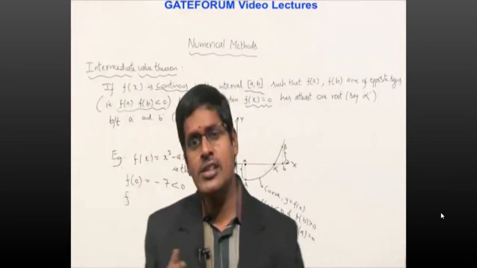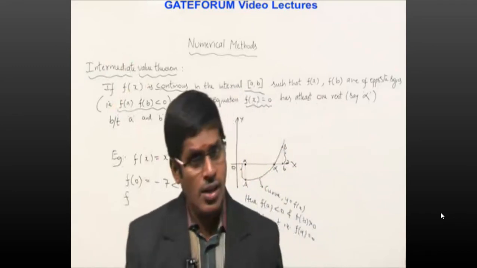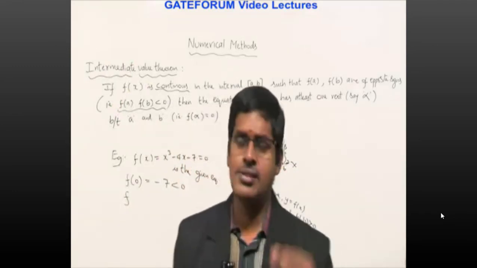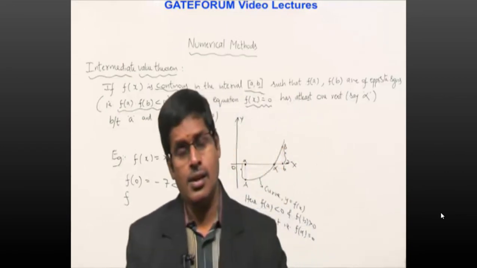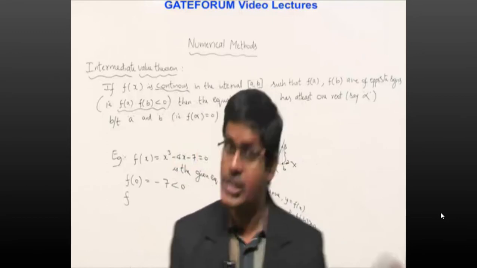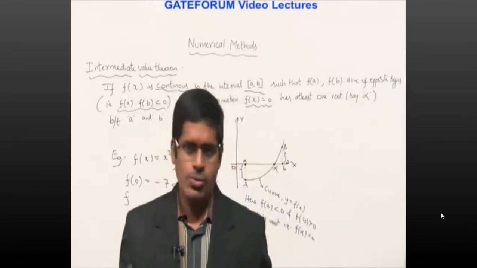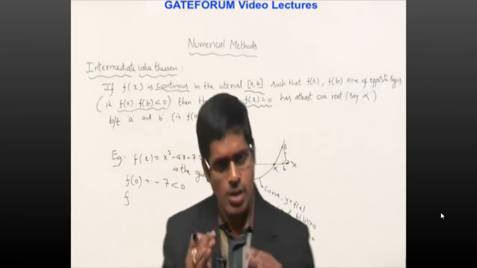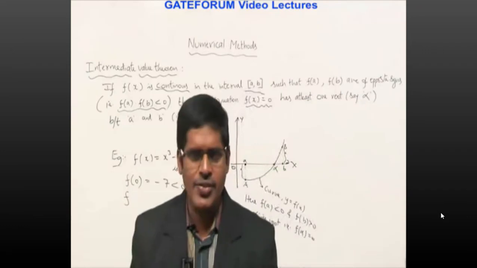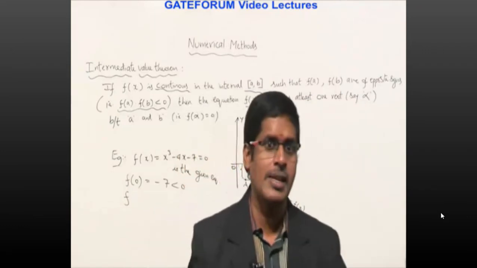If you give 0, 1, 2, 3, etc., and nowhere do you get two function values of opposite signs, then stop there. Then you backtrack, that is, go in the reverse way, the negative way: minus 1, minus 2.